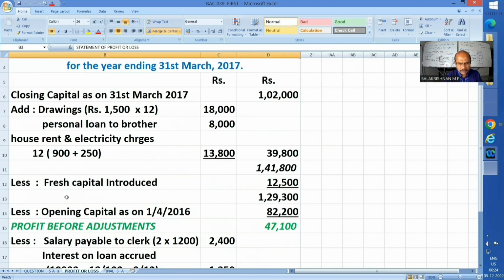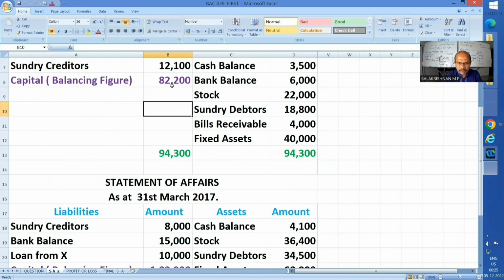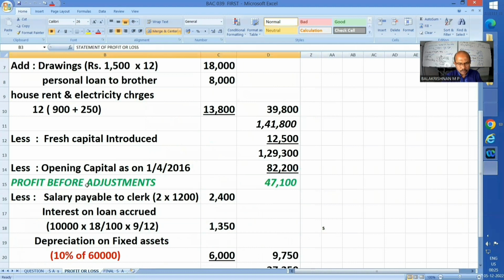So that has been reduced. Now, 1,29,300. Less opening capital. We have found out the opening capital already as 82,200. Now my profit before adjustment is this minus this, 47,100.